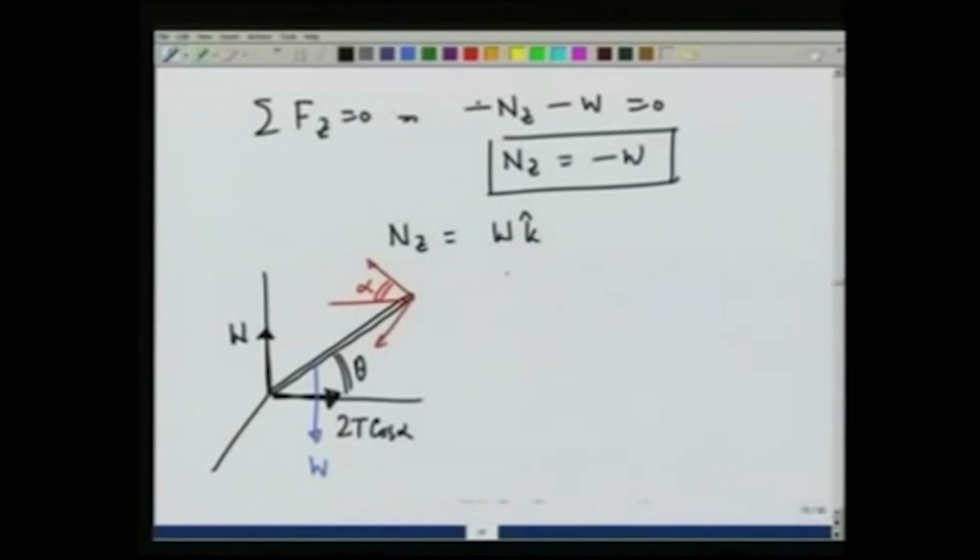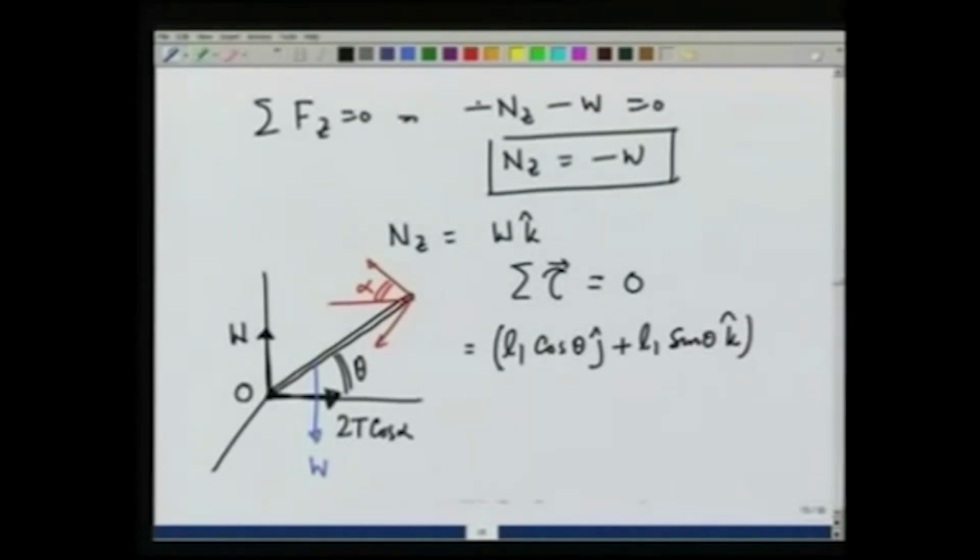Let us now take the condition summation tau is equal to 0. To calculate tau, let us take the origin to be at the origin of the xyz system O, so that this comes out to be L1 cosine of theta j plus L1 sine of theta k, that is when L1 is this distance.